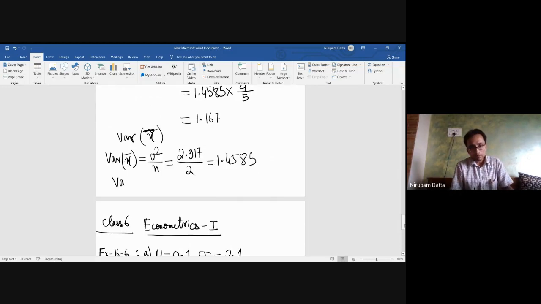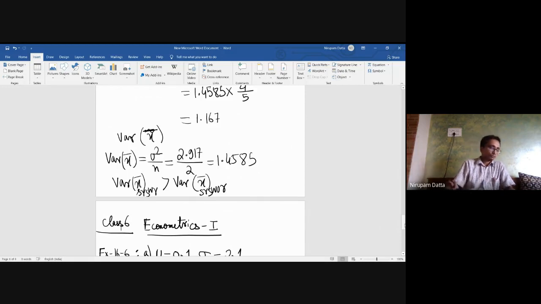We find variance of sample mean with replacement is greater than the variance of sample mean without replacement. So the variance of a simple random sample with replacement is greater than the variance of the simple random sample without replacement. Okay. So the last problem which we will solve now.